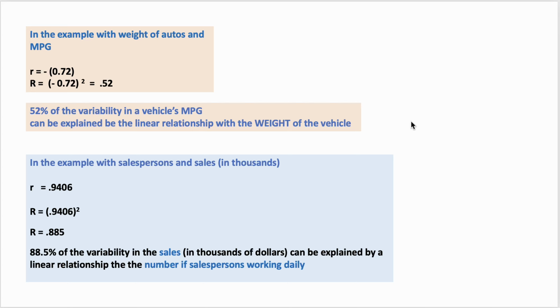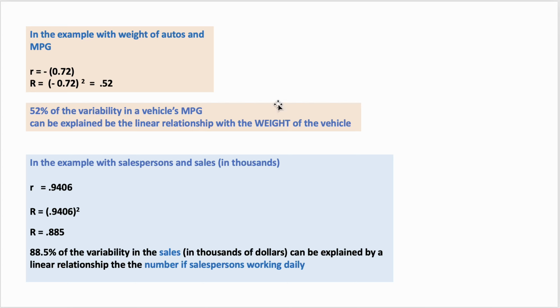So we were out to determine, is weight a good predictor of miles per gallon? Kind of, sort of. If you use the weight, you're only explaining 52% of the variability in miles per gallon. So what are the other factors that come into play here?